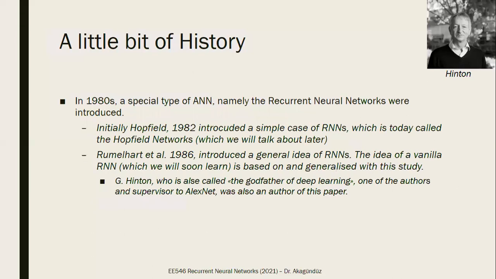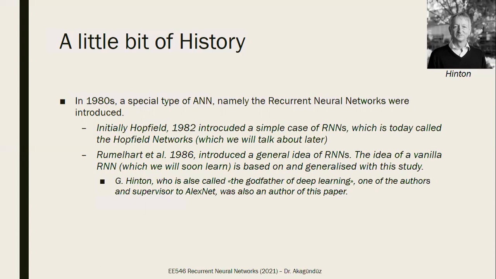So in the 80s, a special type of RNN, a recurrent neural network, was also introduced. And before recurrent neural networks, there was the idea of the Hopfield network. When I had a neural networks course in 2001, as a master's student, Uğur Hoca taught us about Hopfield networks.